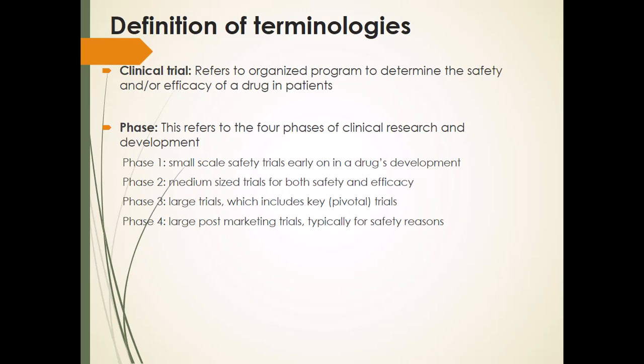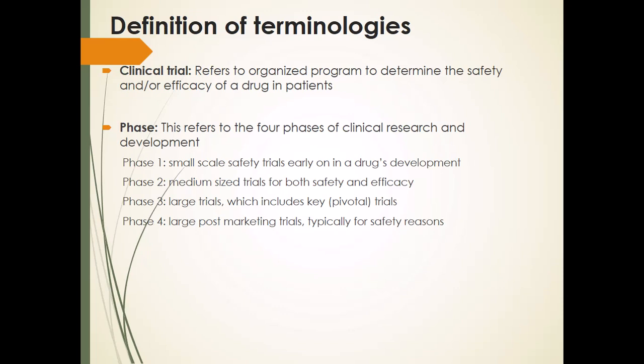So the phases or stages of clinical trial are majorly four. We have the first phase, the second phase, the third phase, and the fourth phase. Whereby the first phase is where you do the trial on a small scale early in drug development.